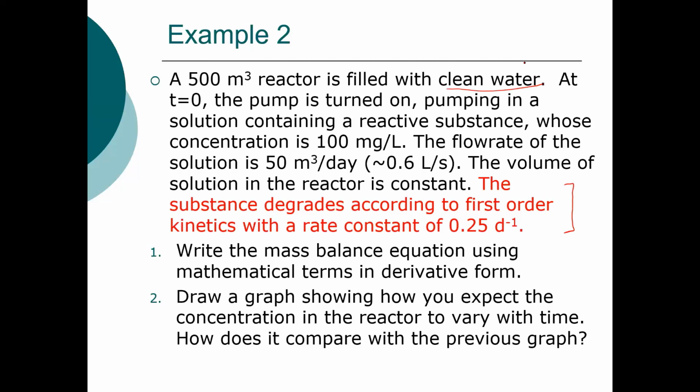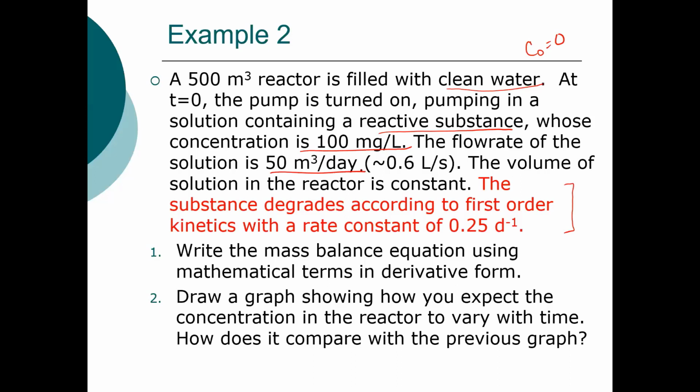So C0 is equal to 0. Now we're going to pump in a reactive substance, same concentration as before. Flow rate is the same as before. And now the substance degrades according to first order kinetics, and we have a rate constant of 0.25 inverse days.